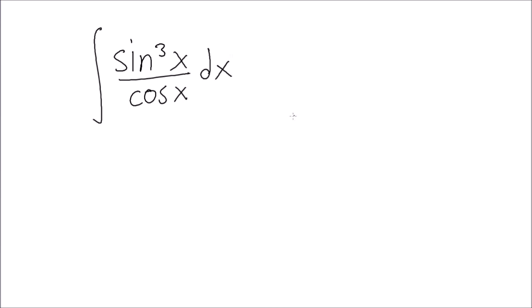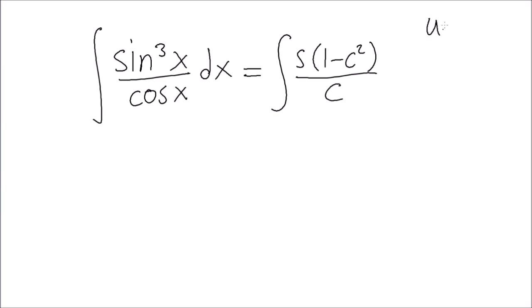This is very weird. Even though it's in terms of sine and cosine, it's still pretty awkward. So here we can actually use sine of x and then turn sine squared into 1 minus cosine squared, right? We have cosine at the bottom. Oh, would you look at that? We can let u equal cosine of x. And then don't forget that du is negative sine of x. So it takes care of the sine of x, but we will have a negative.